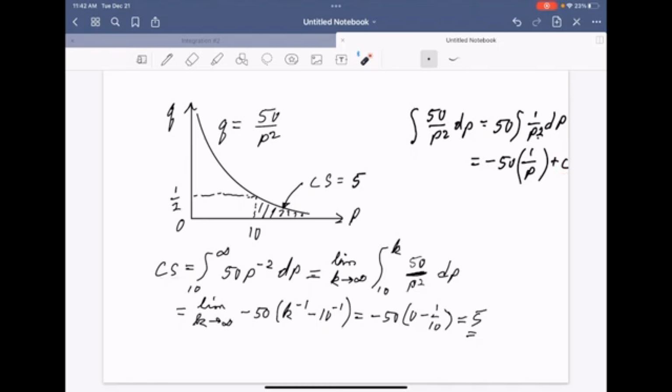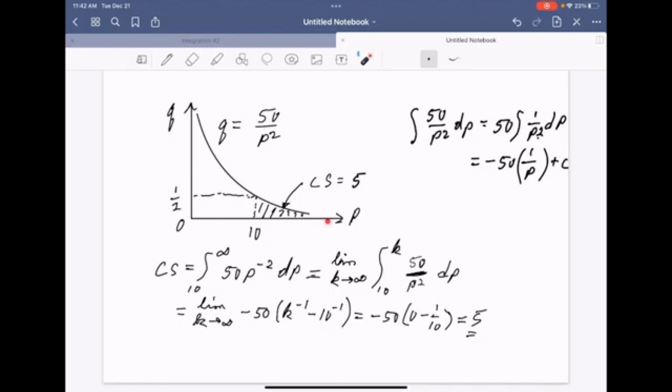The consumer surplus is the integral from 10 to infinity of 50 p to the minus 2 times dp, limit of k approaching infinity. We get the integral from 10 to k of 50 over p squared dp, and that gives us the limit as k approaches infinity of minus 50 k to the minus 1, since we substituted k for p, and we substitute 10 for p.